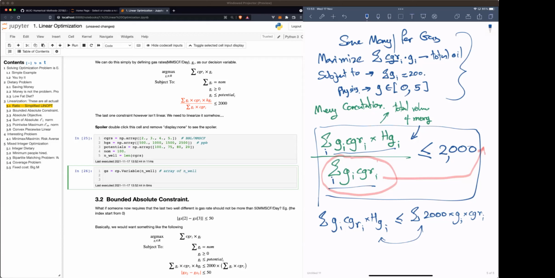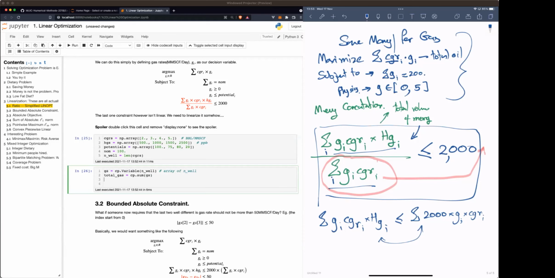And then the next thing that we do is define all the things that we need. So for example, total gas is going to be cp.sum of Gs. Or we can say that Gs is greater than or equal to 0. That's another constraint.